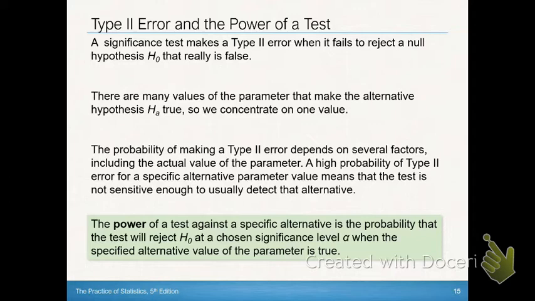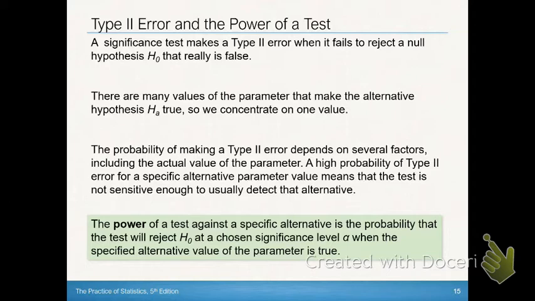But power requires you to say, okay, alternatively, this is a very specific value. Maybe we're talking about the basketball player again, and they're claiming to be an 80% shooter, and the alternative was that they're less than an 80% shooter. You'd come up with some alternative like maybe they're really a 70% shooter. So you would need a specific alternative value in order to calculate the power.